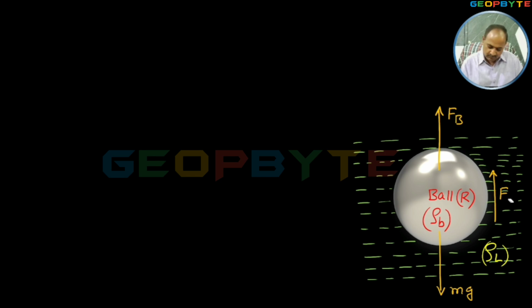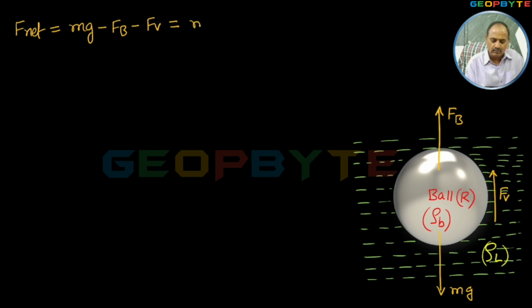Then what is the net force? Here, the net force on the ball is mg minus the buoyancy force minus the viscous force, because mg is more than the sum of Fb and Fv as the ball is moving down. This net force must be equal to mass times acceleration according to Newton's second law.